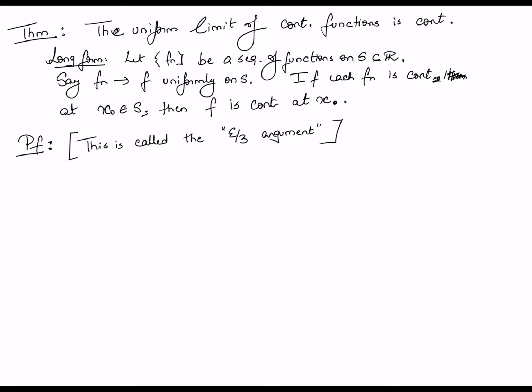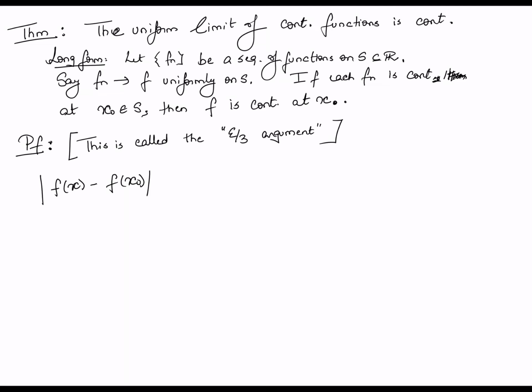Alright, so what we have to argue is the continuity of the limit at x0. Therefore we have to look at this difference, f of x minus f of x naught, and argue that so long as x is sufficiently close to x naught, the difference between the function value at x and the function value at x naught is at most epsilon. That is how one would argue continuity.